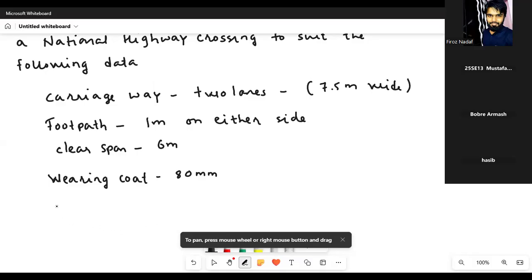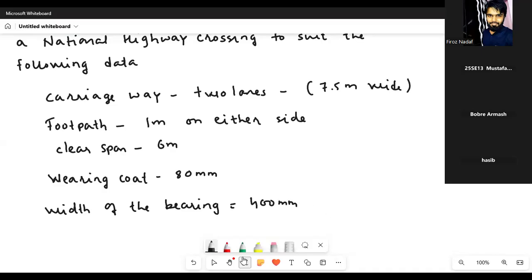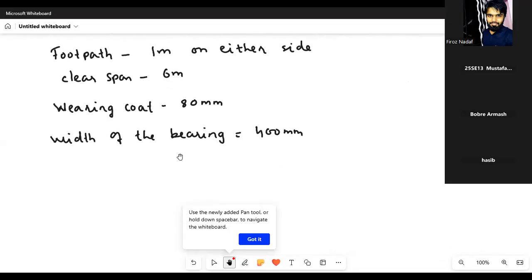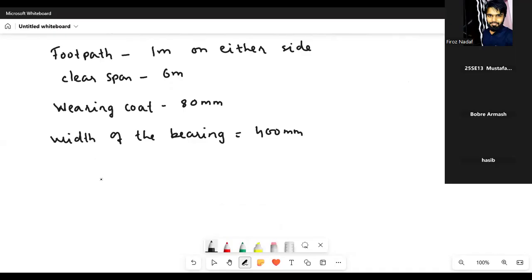They have given the width of the support or width of the bearing. Width of the bearing is given to you. That is 400 mm. Then we have the material, what type of concrete and what grade of steel we are required to use.